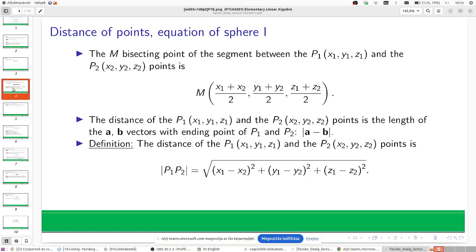It's halfway not only here, but also here. And this is the R1 plus R2. So if I want to come the halfway, then it's, and I did the same with the coordinates.